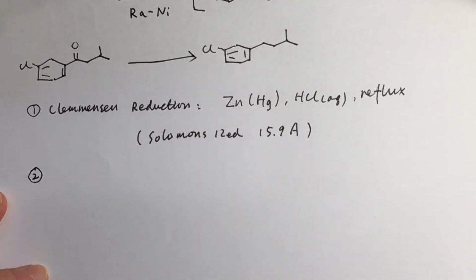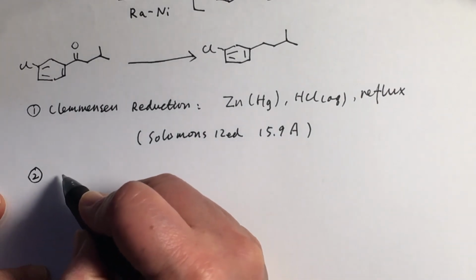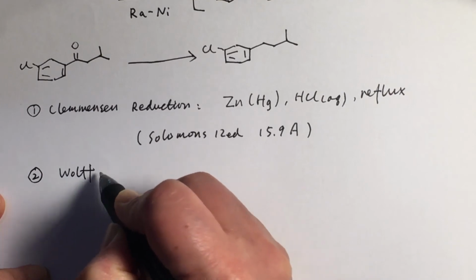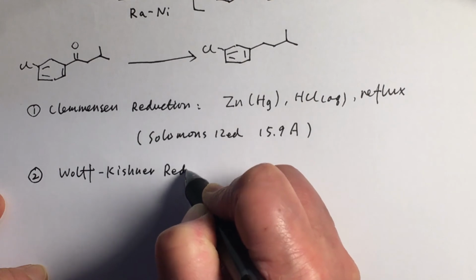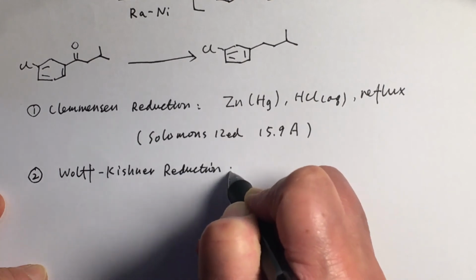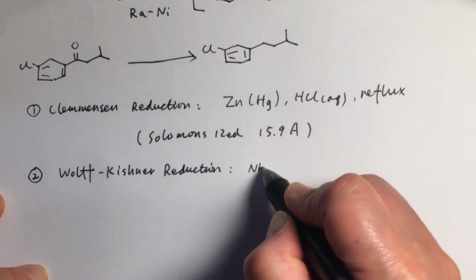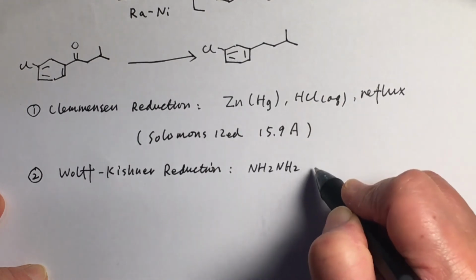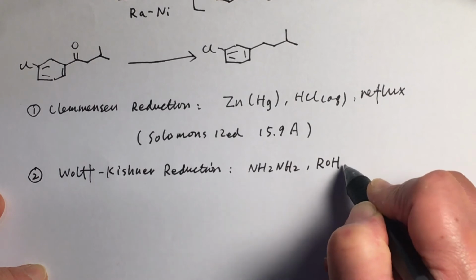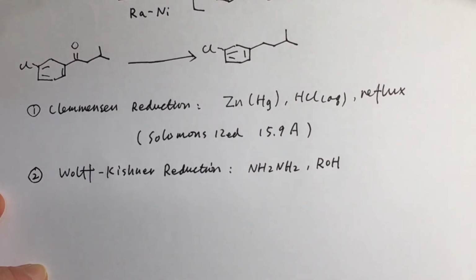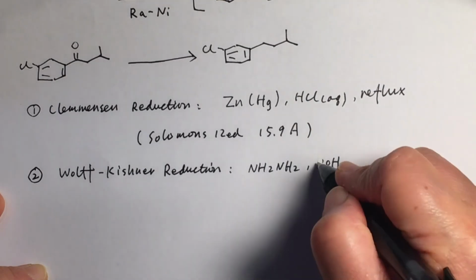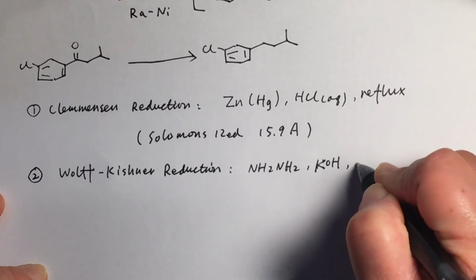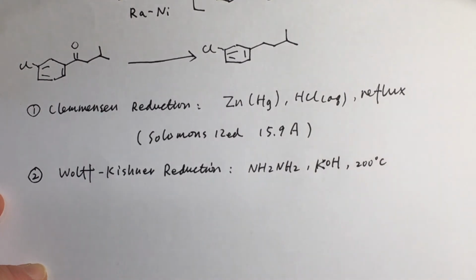The next reaction is also discussed twice already in this semester. This reaction is called the Wolff-Kishner reduction reaction. The Wolff-Kishner reduction utilizes hydrazine under basic condition, potassium hydroxide, not alcohol, and usually it is also carried out at high temperature.